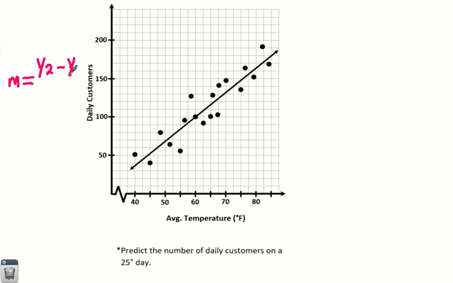It's also that it's not always possible for you to eyeball where your line is going to cross the y-axis. It's not always even possible for you to really eyeball what your b value is going to be.